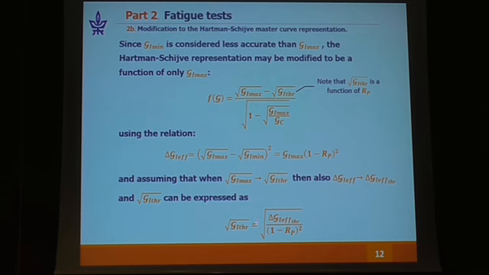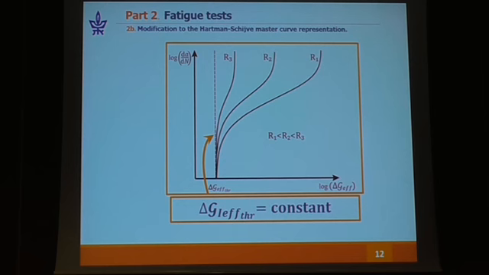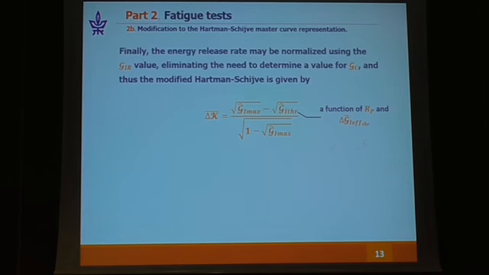So now we have an expression that relates delta square root of G1 threshold to delta G1 effective threshold, and I remind you that our assumption is that this is a constant for all load ratios. And finally, the energy release rate may be normalized using the G1R value, eliminating the need to determine a value for GC, and thus the modified Hartman-Schijve is given by this formulation, which was named here delta K bar.